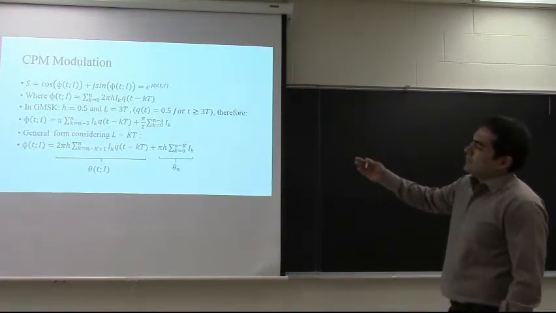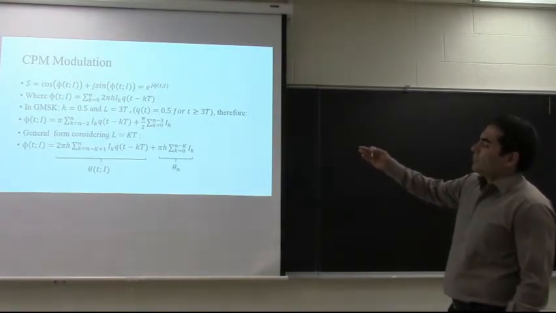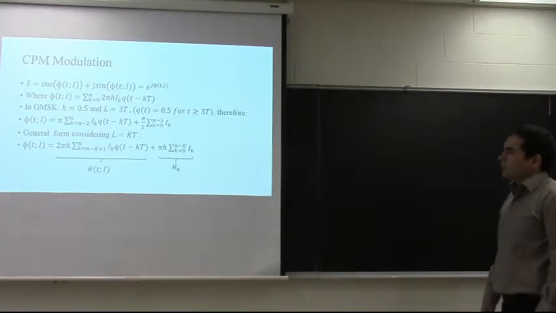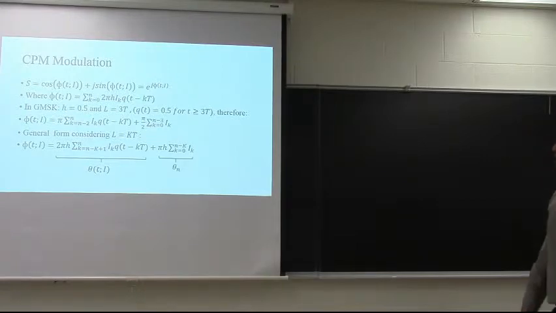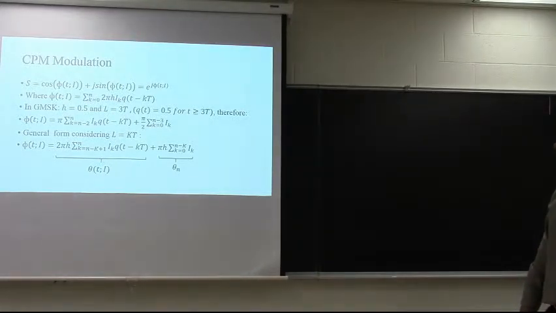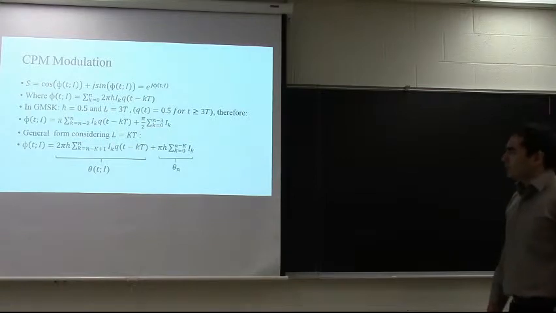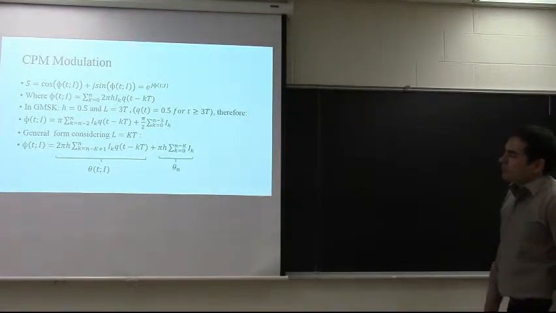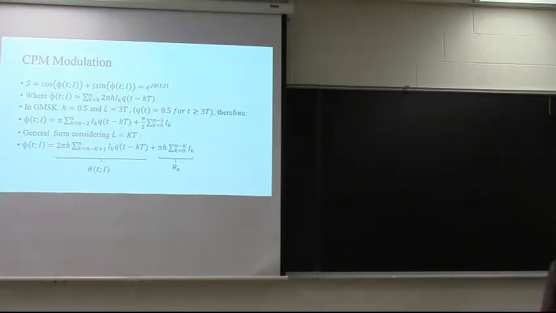This was the main equation for CPM signaling, but for the special case that we have solved, we saw that for the GMSK, h is 1 over 2, L is 3T, and q of t is equal to, again, 1 over 2 for t greater than LT. And we saw that we can divide phi of t and I into two different parts.